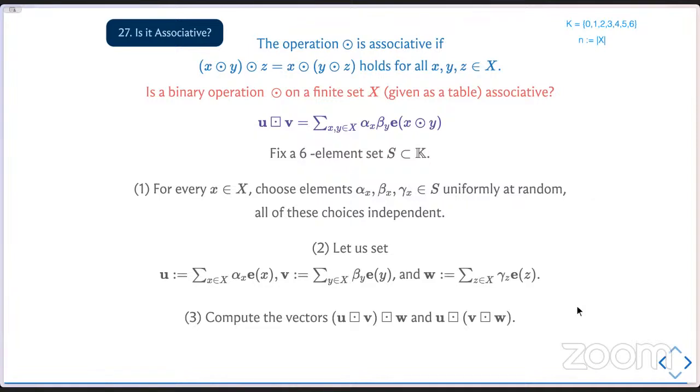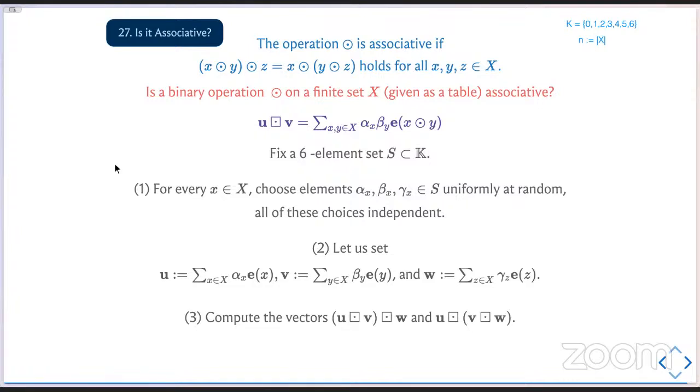So we have basically rolled a 6-sided die for populating each of those entries. So we have 3 random vectors, and now we are going to check if they are associative or not.